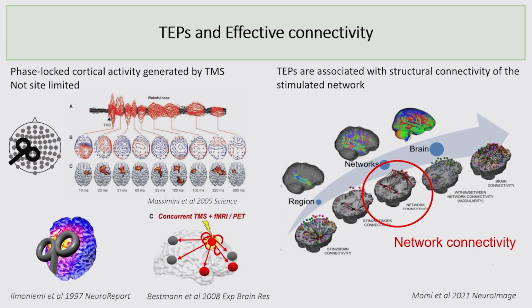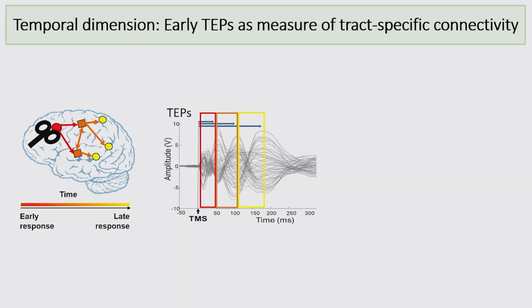It is well established from early TMS-EEG studies and from TMS-fMRI studies that TEPs include several components and peaks that are generated by the activation of remote areas connected to the targeted region. And the overall TEP response is predicted by the structural connectivity of the network in which the target area is embedded. Therefore, as a functional measure of cortical activity, TEPs can be used to understand effective connectivity within networks.